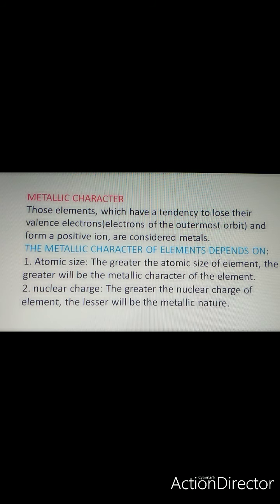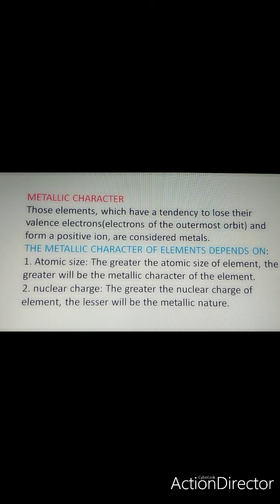So the electronic configuration 2, 8, 1 is of sodium. 2, 8, 2 is of magnesium. The electrons in the outermost orbit of an element prove whether they are metals or non-metals.